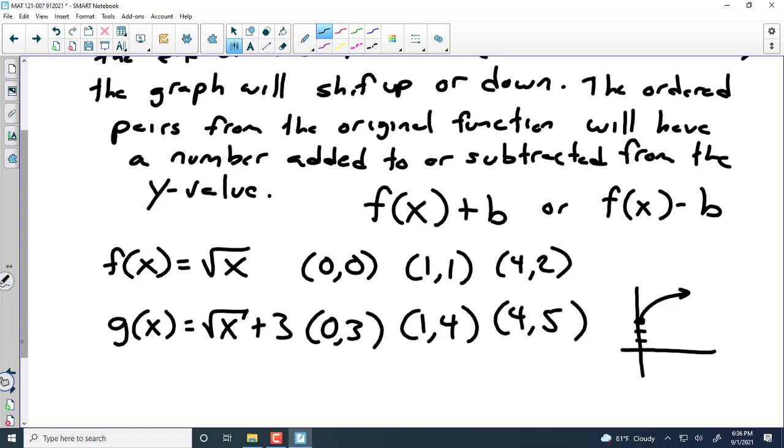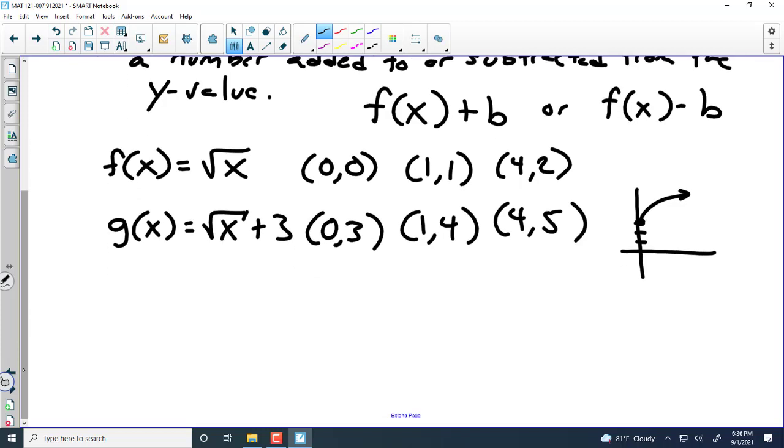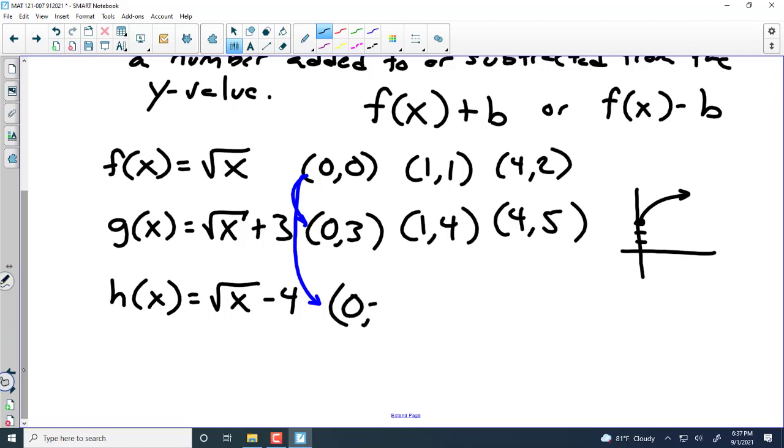The way you find out what's under the hood, the mechanics of what's going on there, is you add 3 to each of your y values. If someone gave you this, square root of x minus 4, then you would take your original ordered pairs, and instead of adding 3 to all the y values, you'd subtract 4.